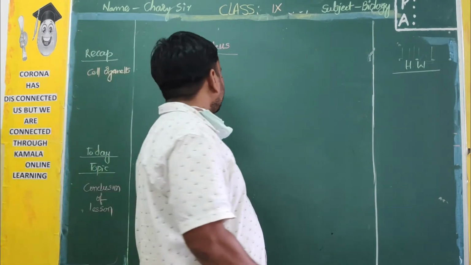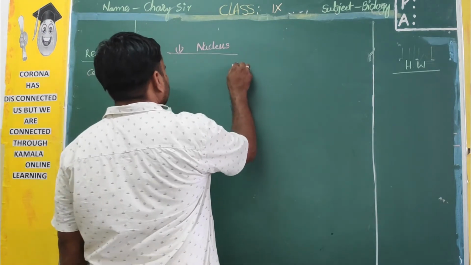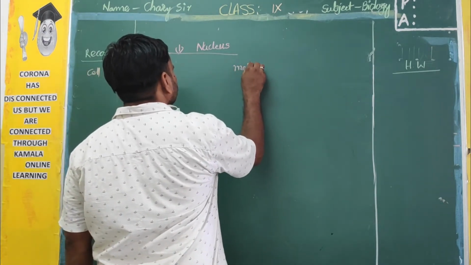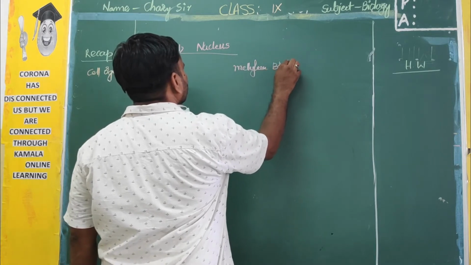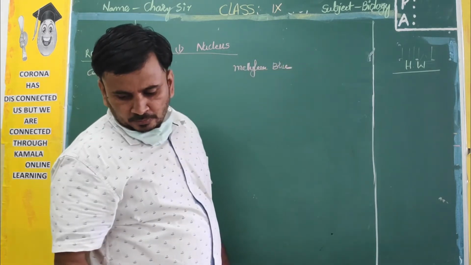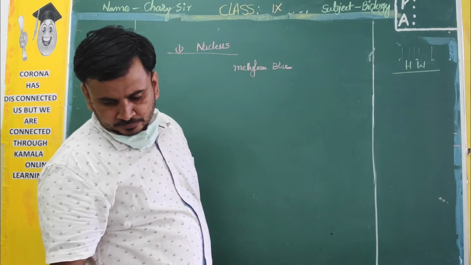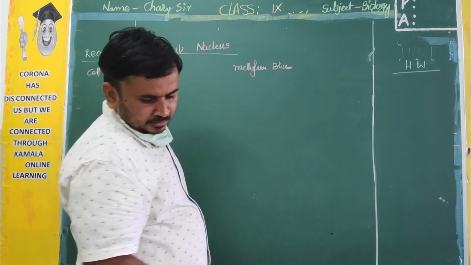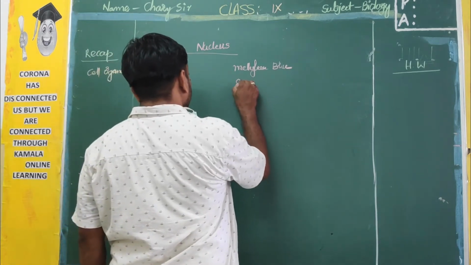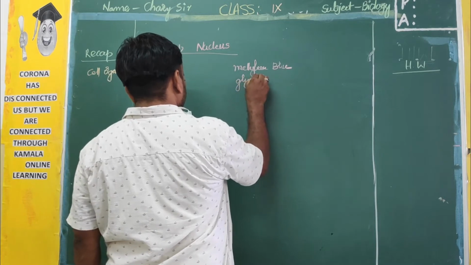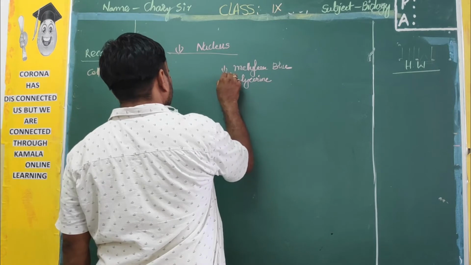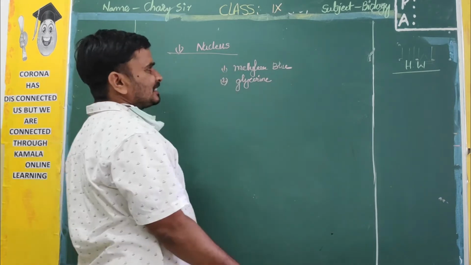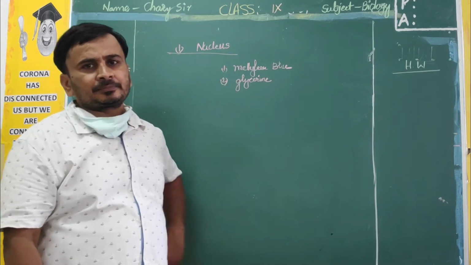What are the chemicals we need here? First one is methylene blue, and the next one is glycerin.